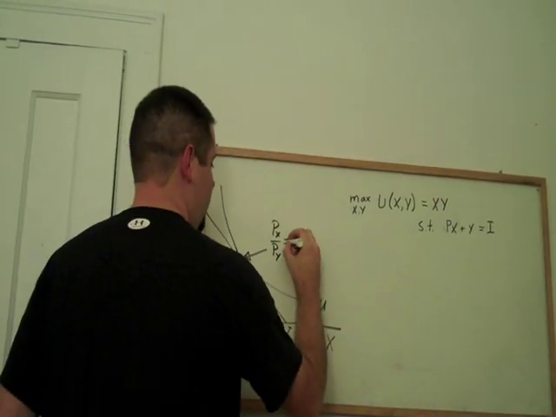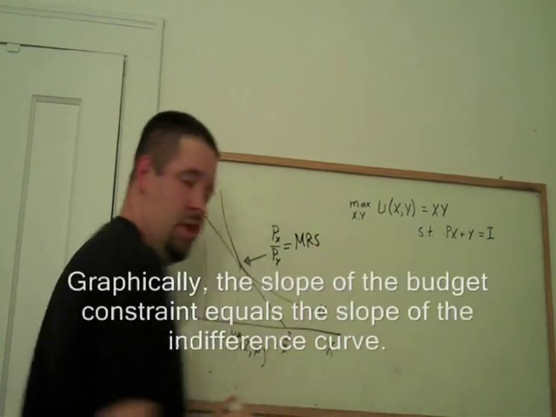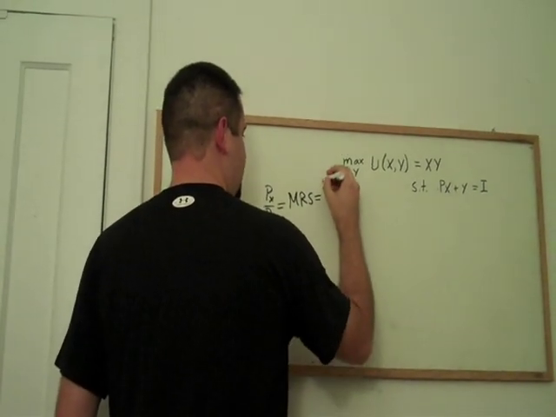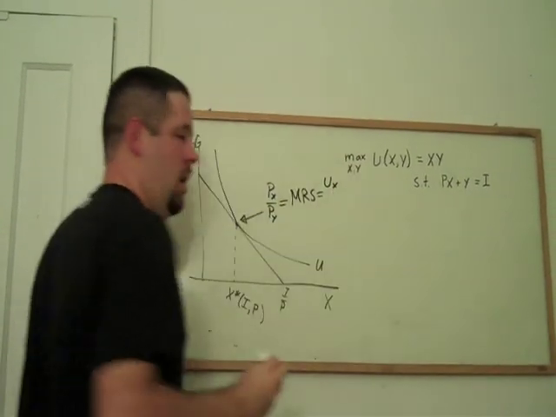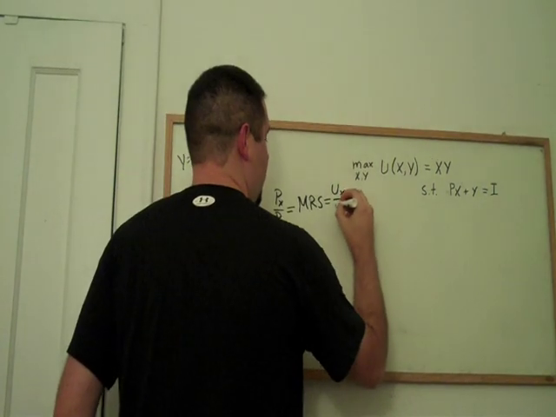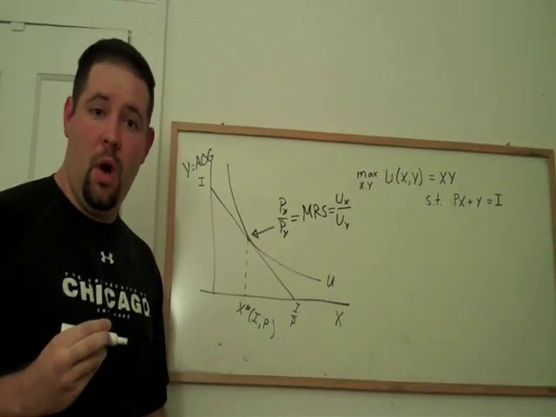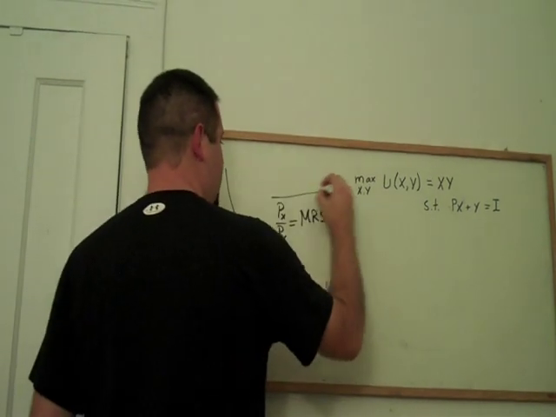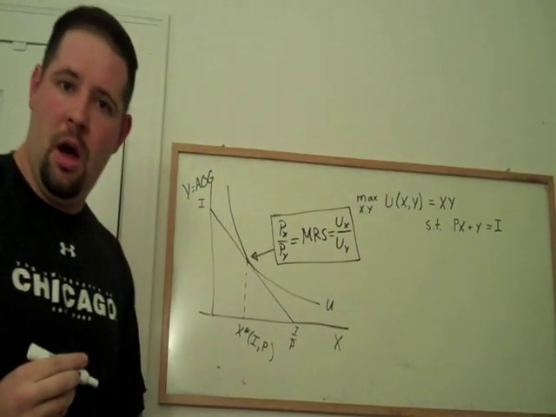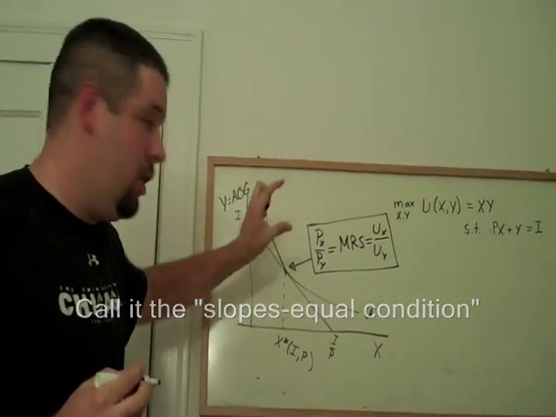But that's equal to the marginal rate of substitution, which, if we use calculus, is the derivative of the utility function with respect to x, over the derivative of the utility function with respect to y. And so this is one of the equations that has to hold in the optimum of the consumer. And that's something that we'll exploit.